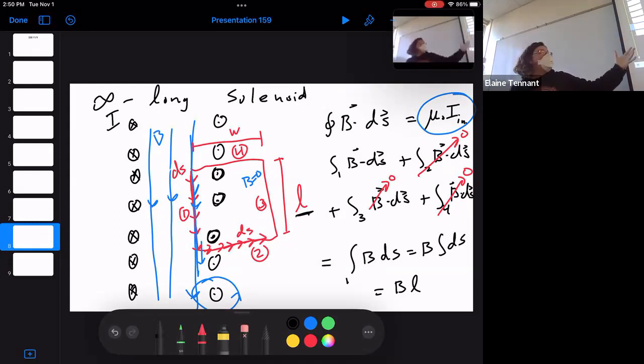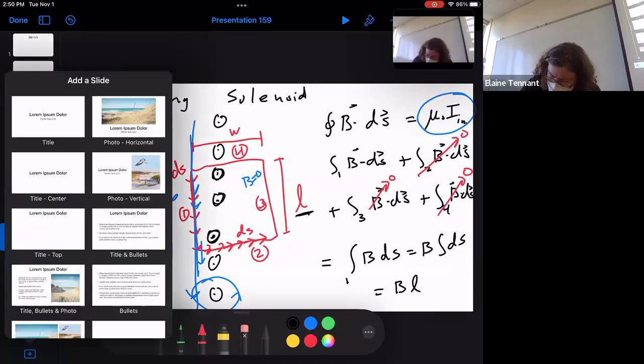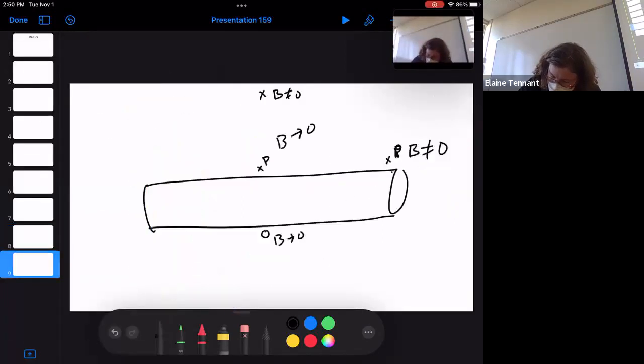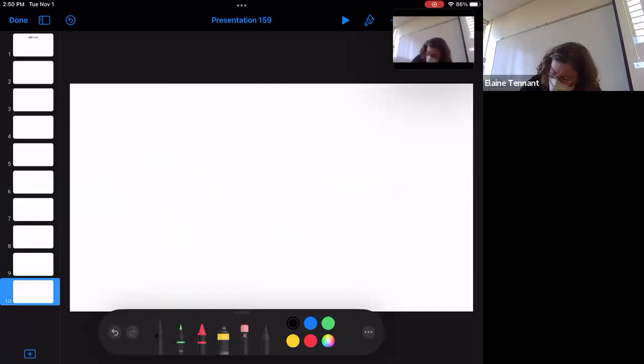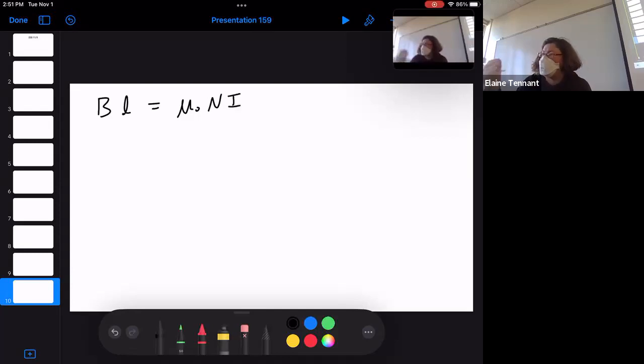But if I lengthen it, it would just be however many number of turns I have going through my loop, right? So I'm going to say on the next page here that on one side I have B times L, on the other side I have mu naught times the number of turns in my loop times the current in my wire.